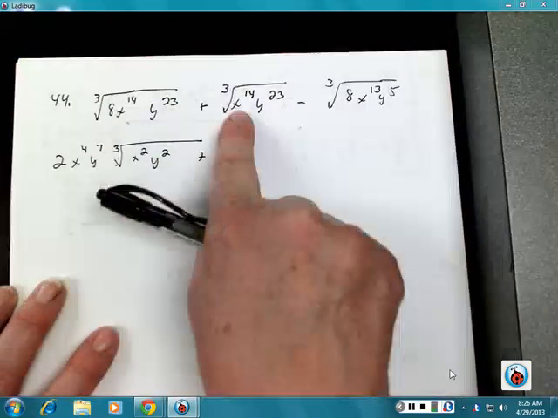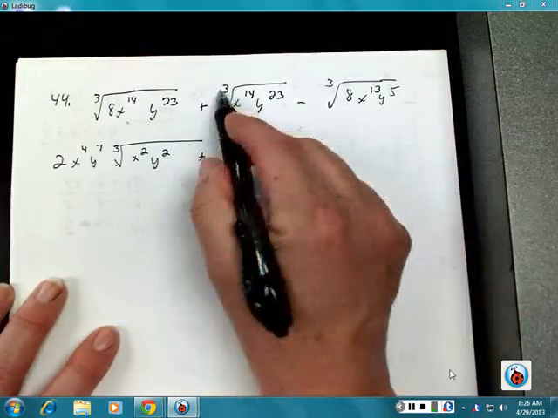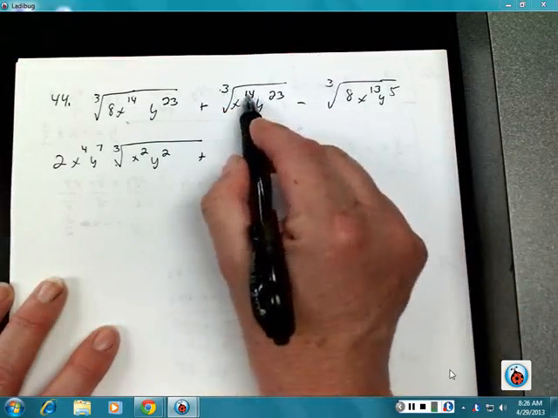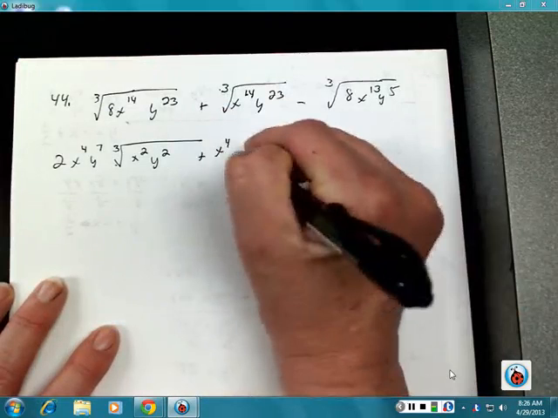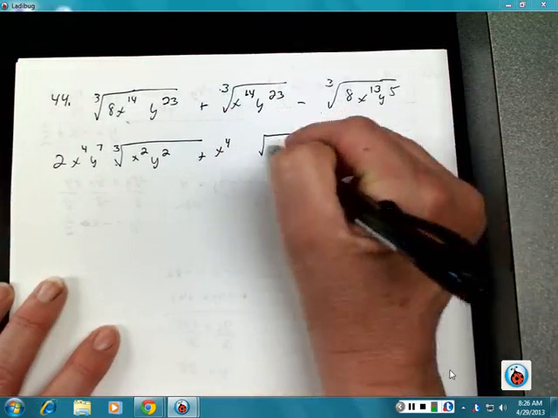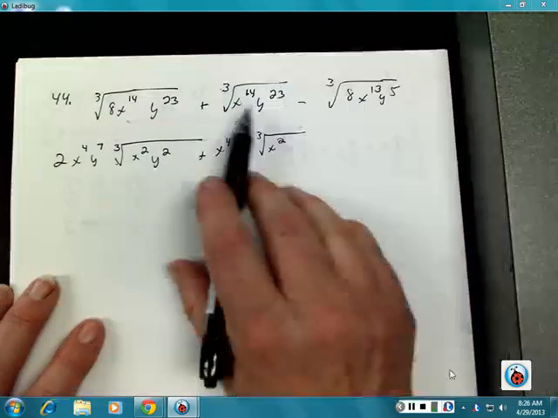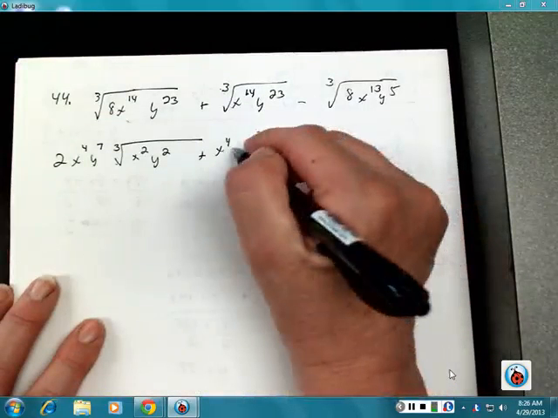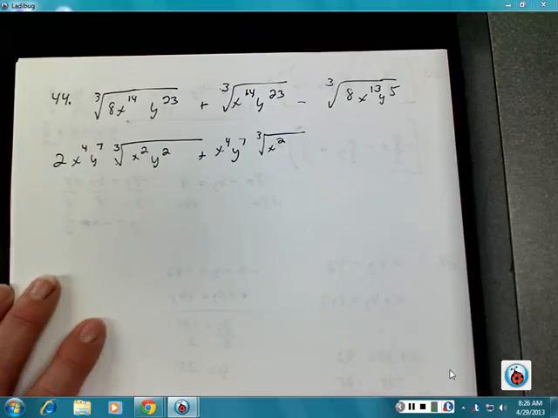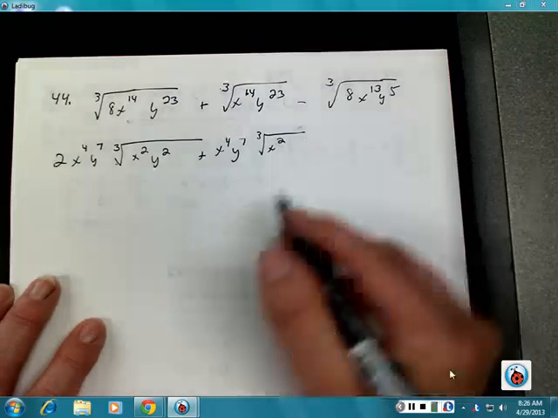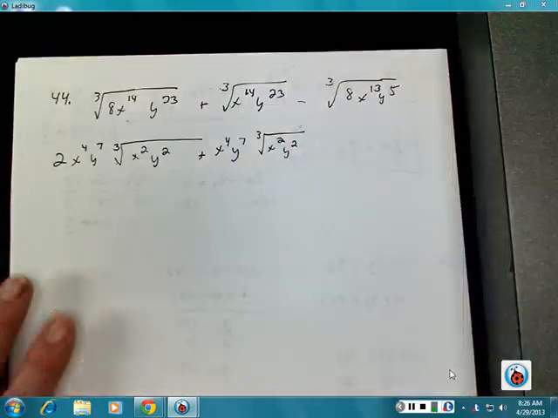Continuing. X to the 14th. 3 goes into 14 4 times, so x to the 4th, but it still leaves under my radical an x squared. 3 goes into 23, 7, and that leaves a y squared underneath my radical.